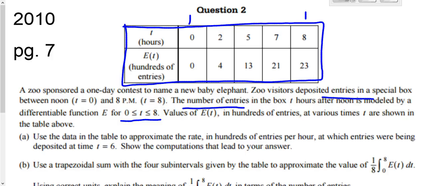Values of E of T in hundreds of entries, so that's important, at various times T are shown in the table above.